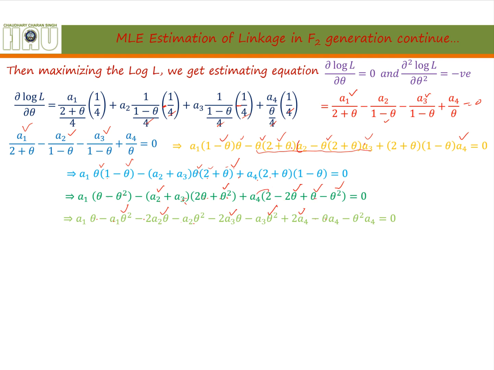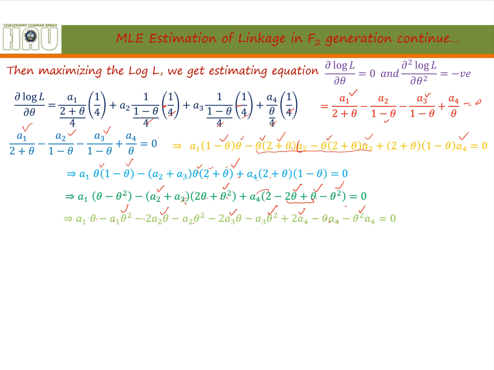Now from this you will say minus theta. From these two only minus theta is remained. So minus theta a4 and minus theta square is multiplied by a4. It is minus theta square a4 is equal to 0.